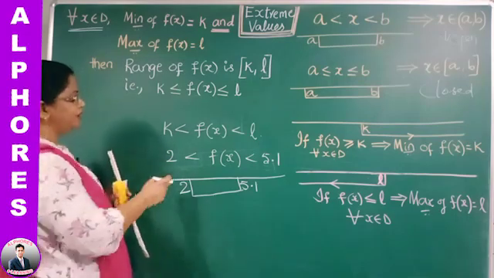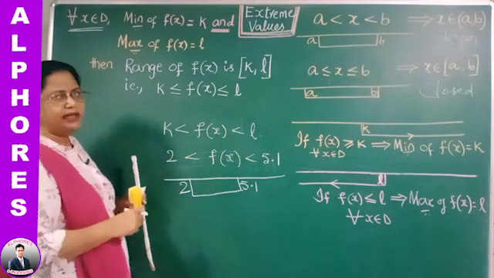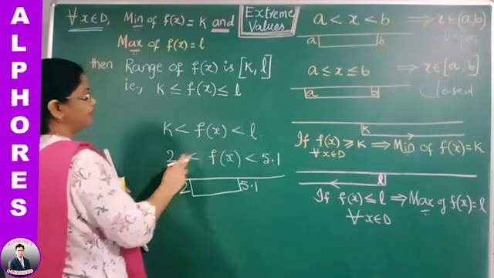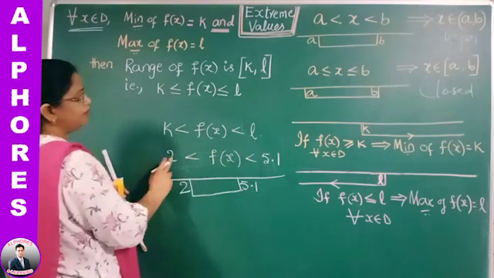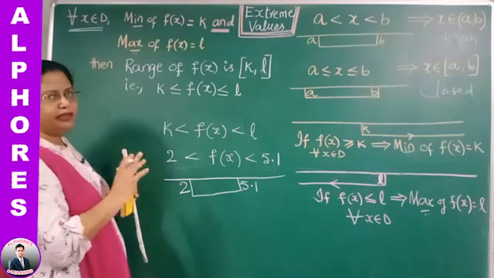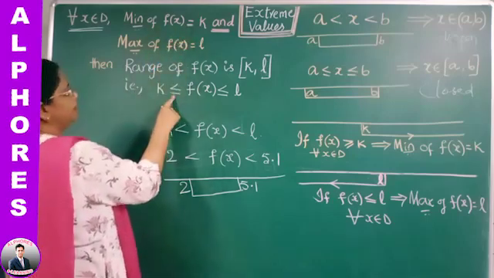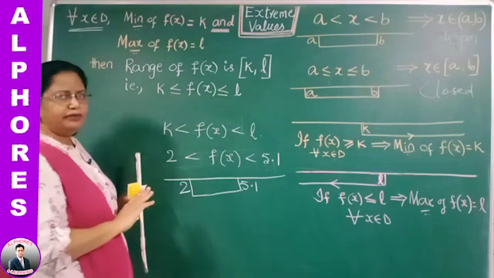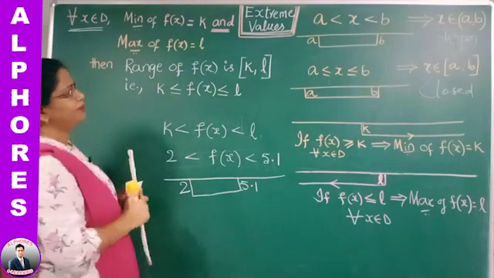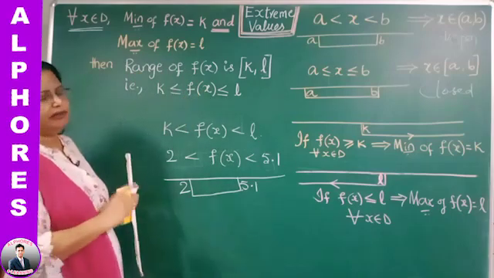That's why whenever the strictly less than symbol is given, you cannot say this is the minimum value or the maximum value. The words minimum and maximum can be used only when equality is specified. To define a range, it can be an open interval or a closed interval.